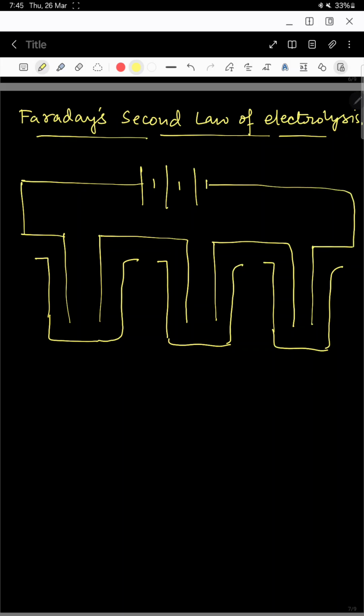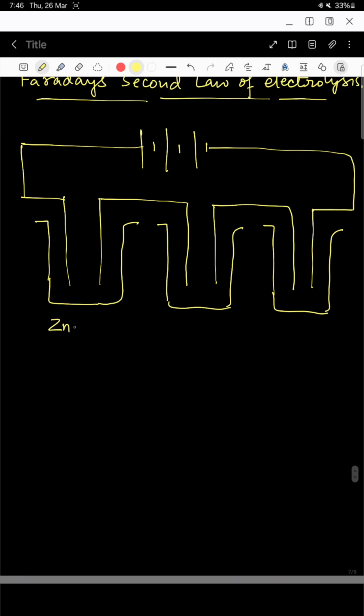Suppose the first one contains zinc sulfate, the second one contains copper sulfate, and the third one contains silver nitrate.